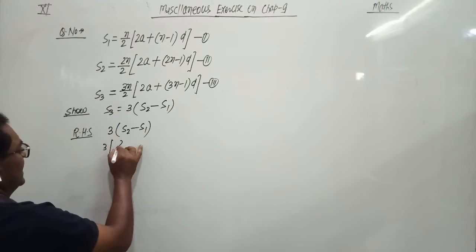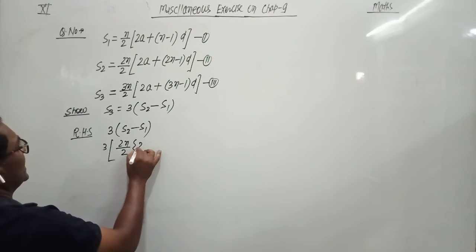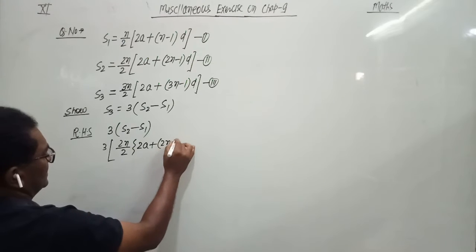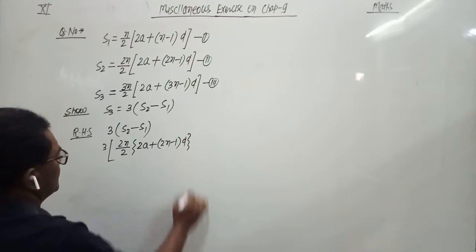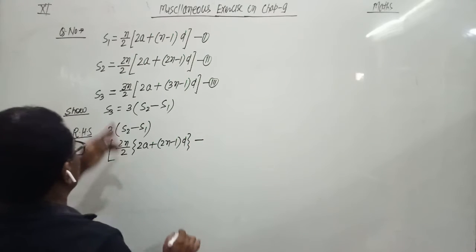S2 is 2n by 2 into 2a plus 2n minus 1 into d, then minus S1.